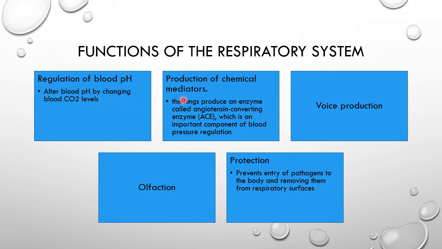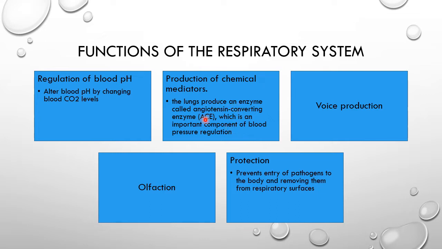Second function, production of chemical mediators. So what are these chemical mediators? One of the most important chemical mediators that is being produced in our lungs is an enzyme called the angiotensin converting enzyme.